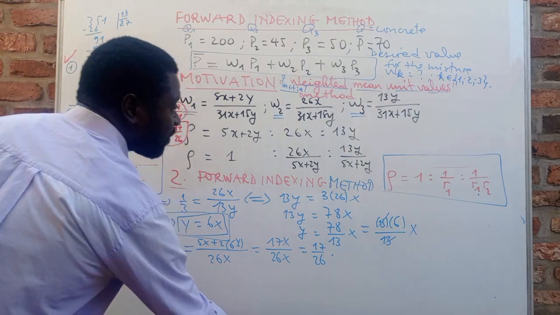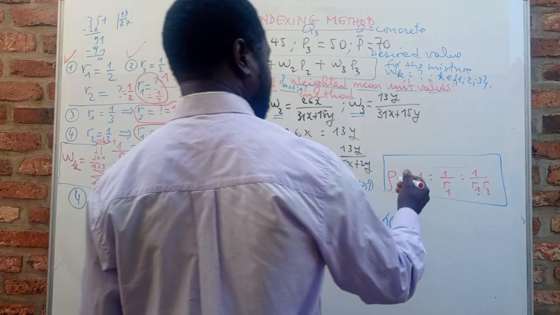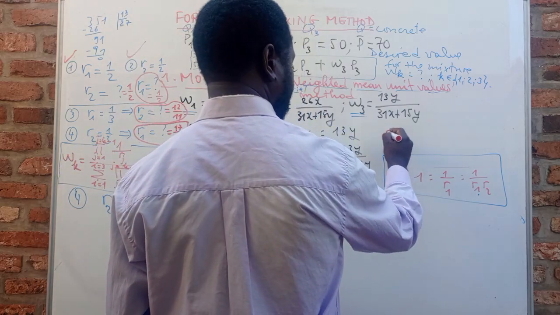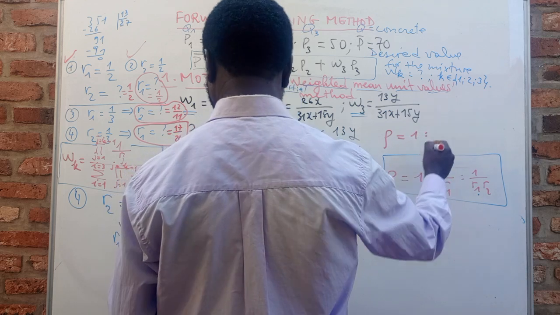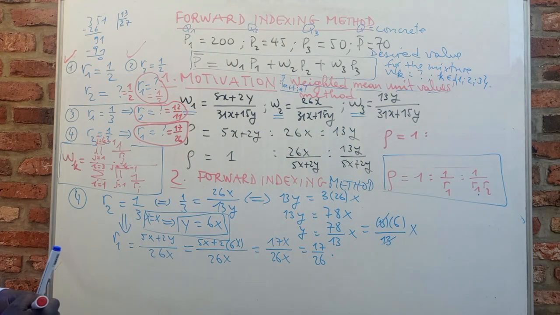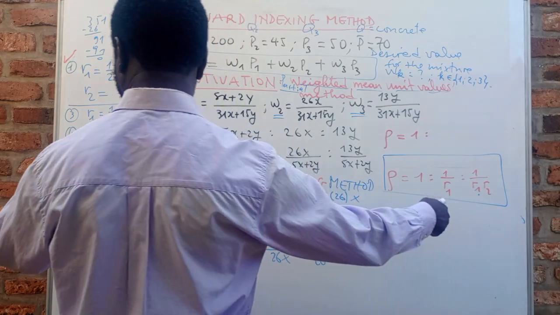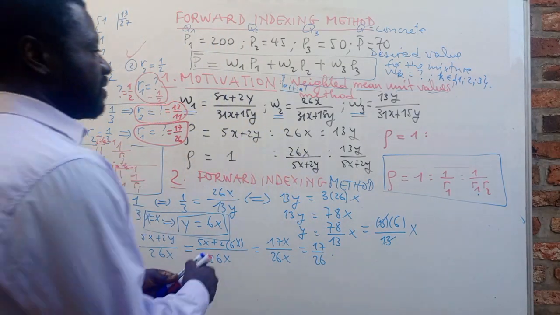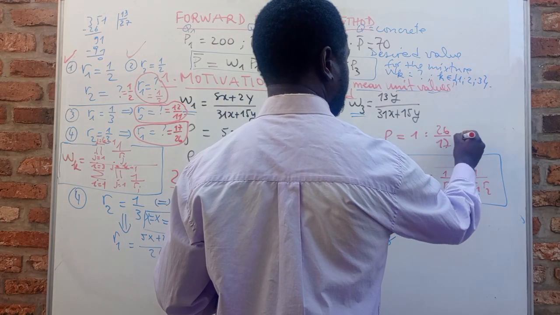Okay, now back to calculation of the ratio. So ratio here, in this case, question 4, we have 1 over the first ratio. First ratio is 17 over 26. It's going to be 26 over 17.